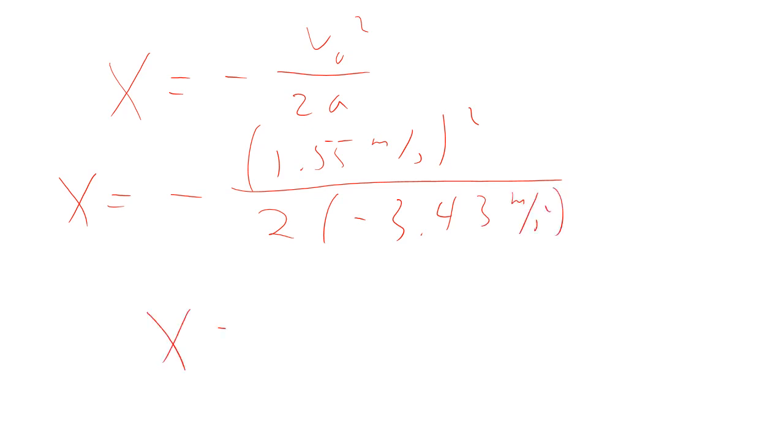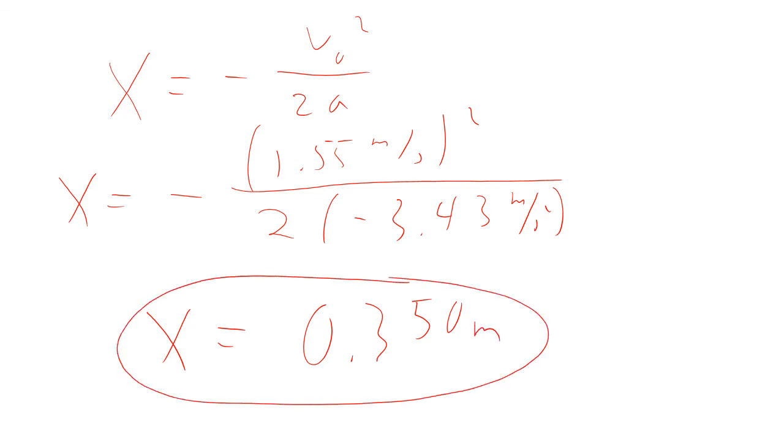So x comes out to be about 35 centimeters, 0.35 meters. This is an example of sliding motion, an example of kinetic friction.